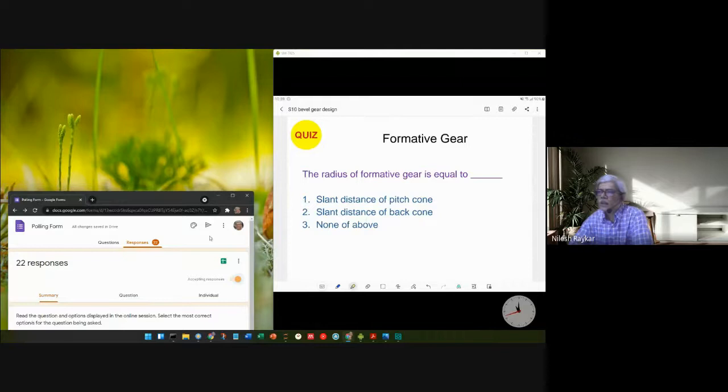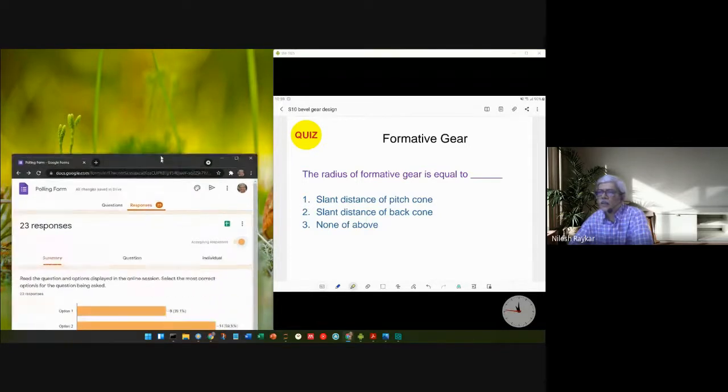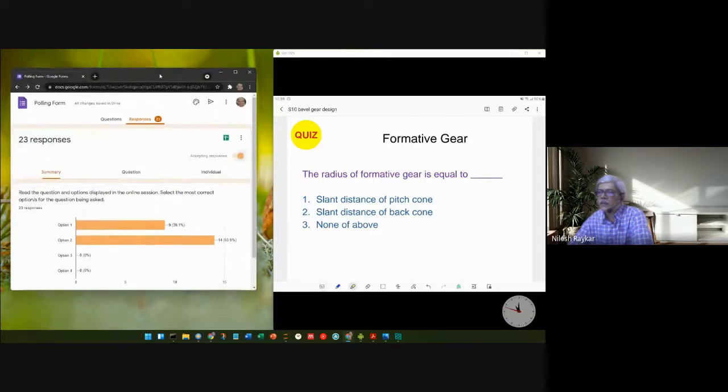Okay, so here the correct answer is 2. That is, the back cone slant distance is used.